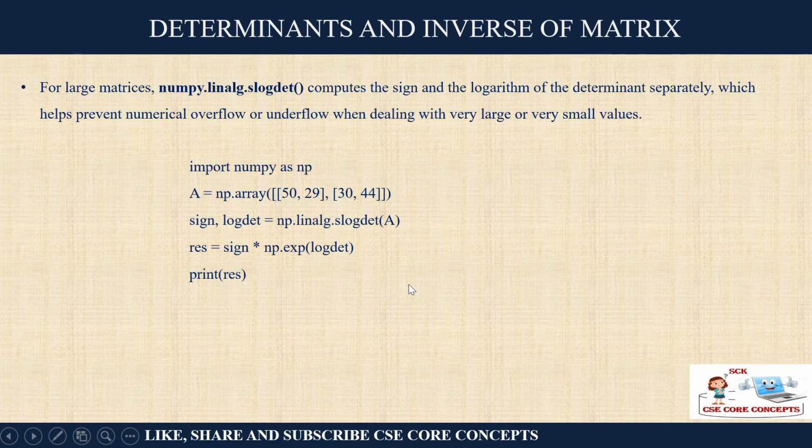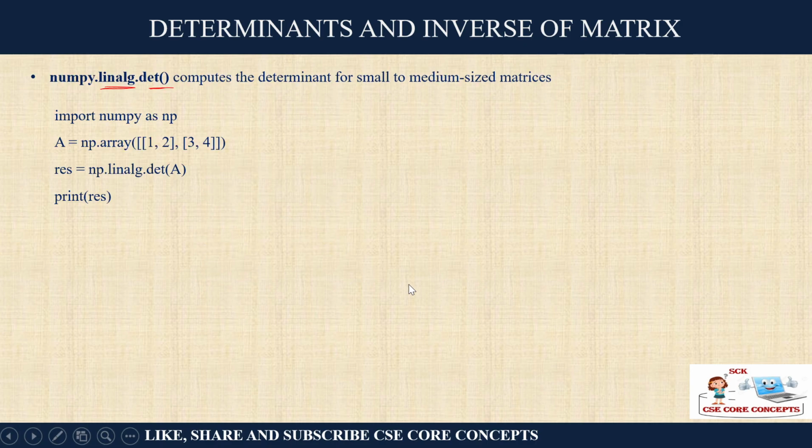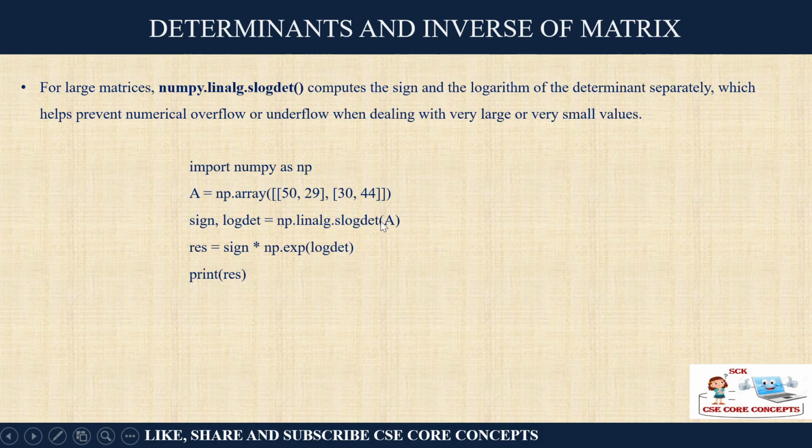Now, there are two ways of finding determinant. This det function is for small to medium size matrices. But if you have a very large matrix, if you are doing a very complex calculation, then you use slogdet.